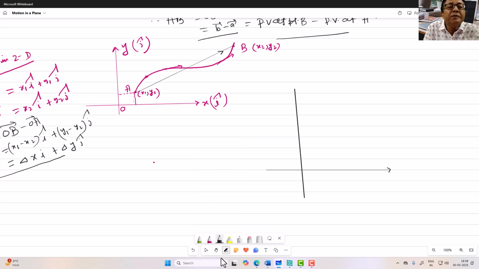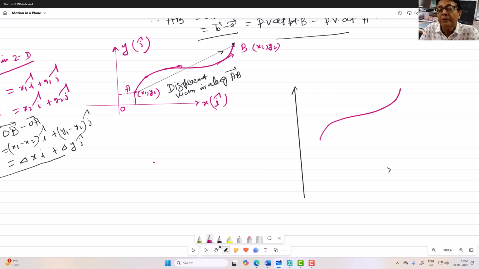What is the direction of displacement vector here? In this diagram, displacement vector is along AB, from A to B, isn't it? But this is very much specified. We have taken 2 points. One is the starting point, the other one is terminating point. It can happen anywhere on the curve. Okay? Let me take the same curve here. This is a point P and this is P dashed.